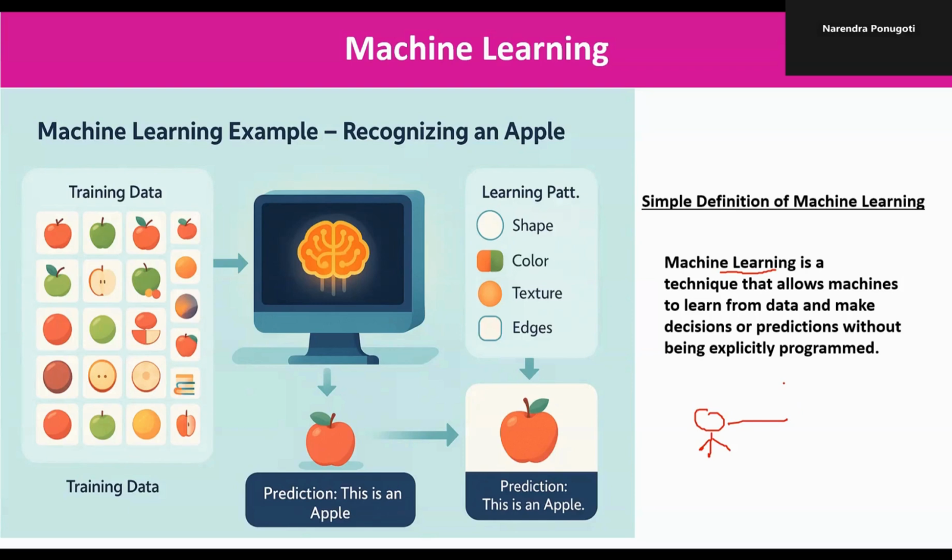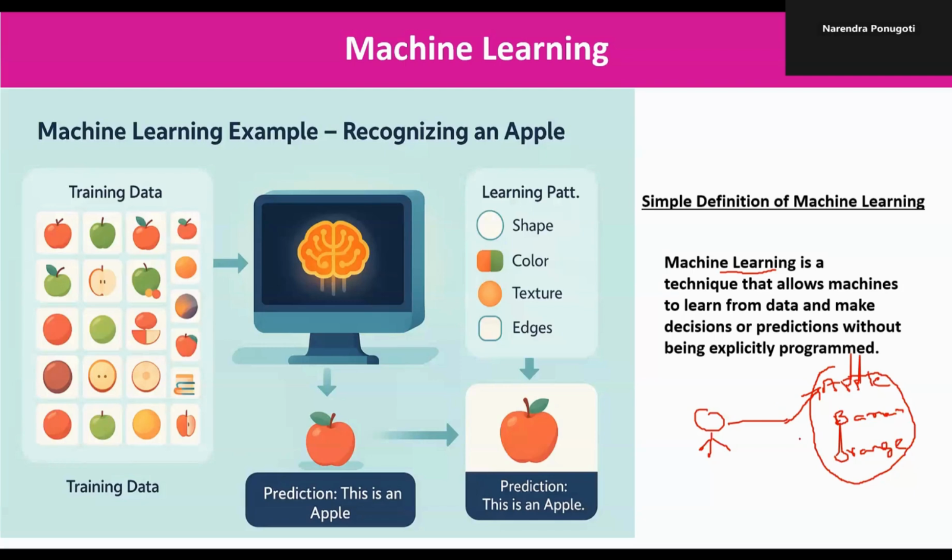Let's say you put different kinds of fruits on the table: an apple, a banana, and maybe an orange. This child is able to identify the apple because he learned from his parents that this is how an apple appears.